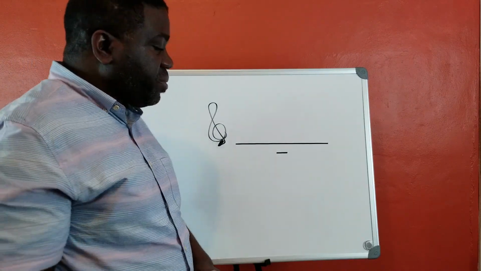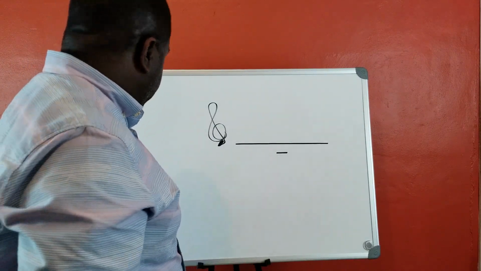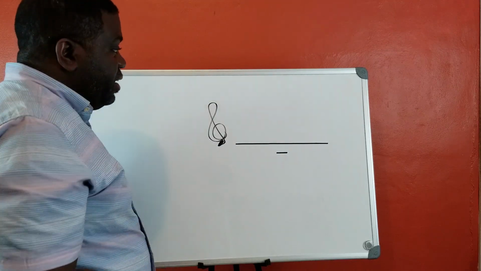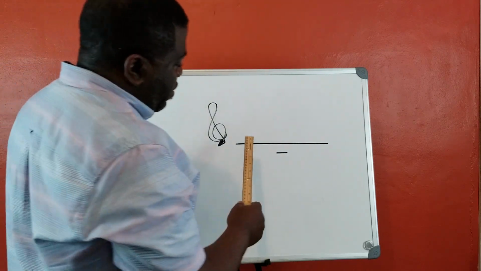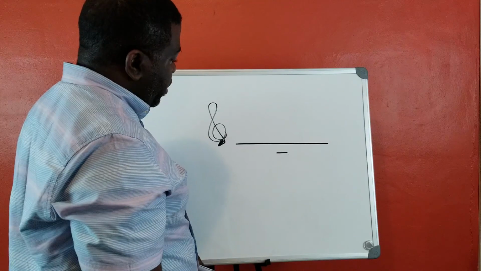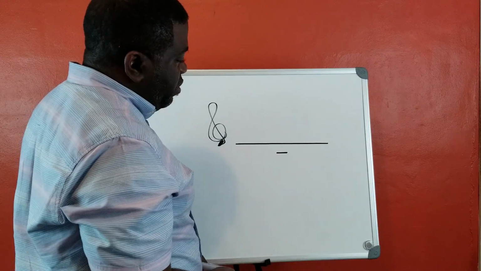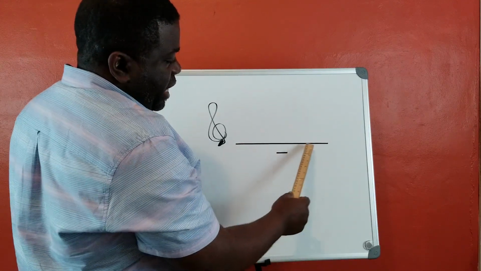So now what people may have a hard time trying to understand is the lines and spaces, like I mentioned earlier. So we're going to start off with this bottom line here.